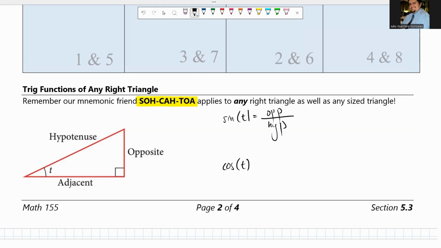Cosine of some angle t is equal to adjacent over hypotenuse. And the tangent of some angle t is equal to opposite over adjacent.